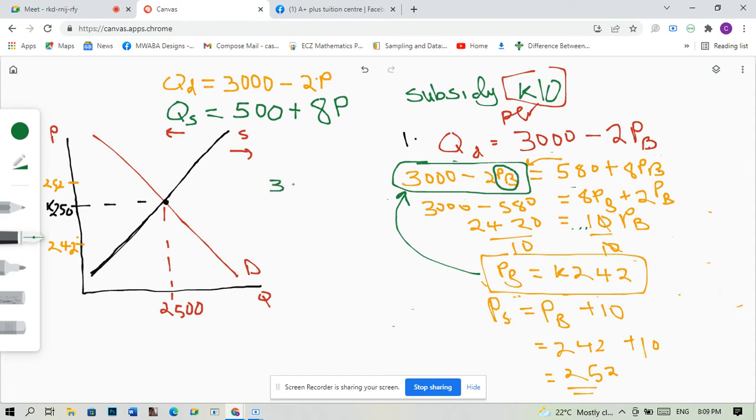So we're going to say 3000 minus 2 open brackets, we're going to substitute PB with 242, right? 242 times 2, that should give us 484.